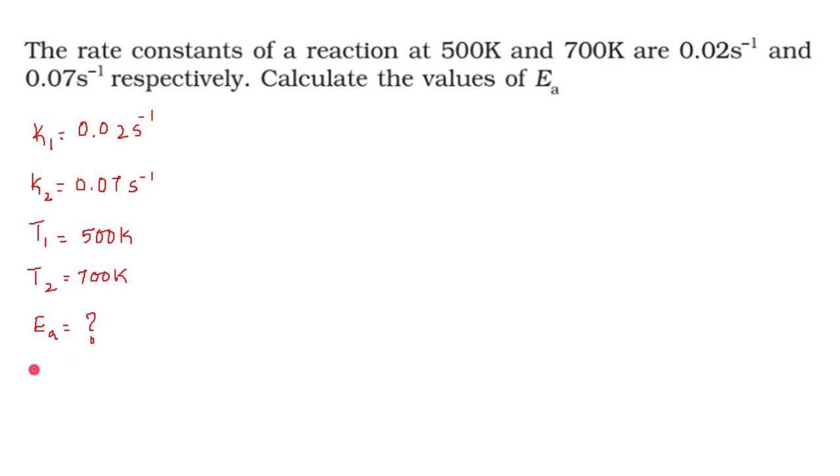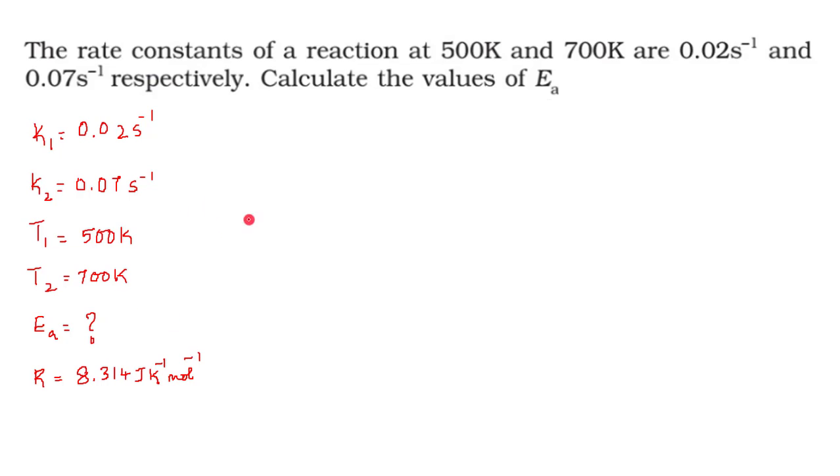EA has to be calculated. The R value remains constant, 8.314 joule per Kelvin per mole. In the relationship, if you are writing R separately, then you have to substitute this value, or directly we have calculated 2.303 into R, that is 19.147. That also can be taken, right?